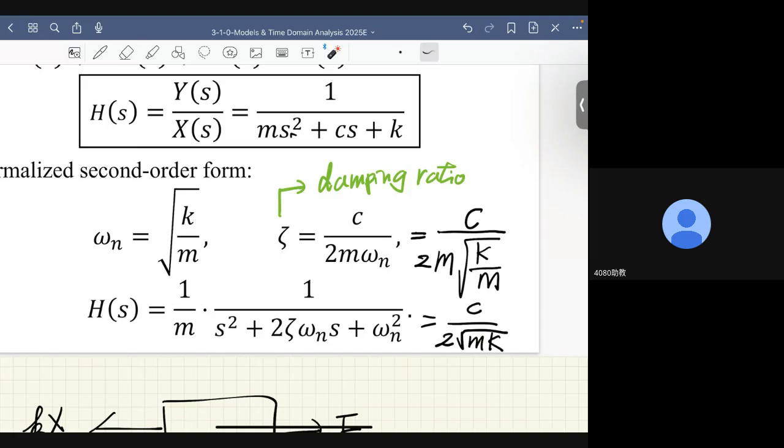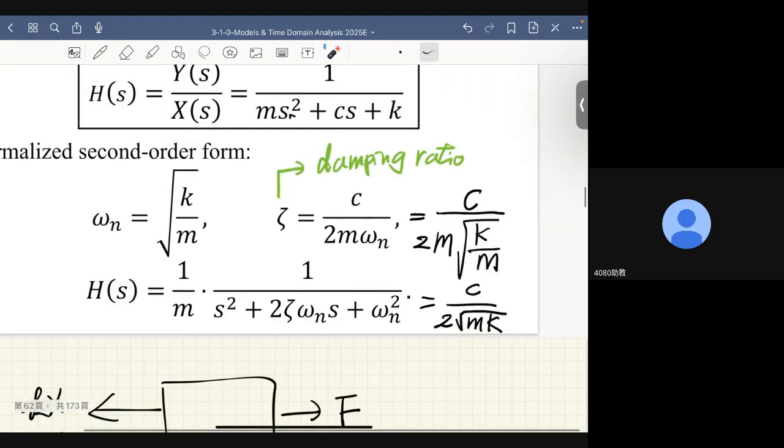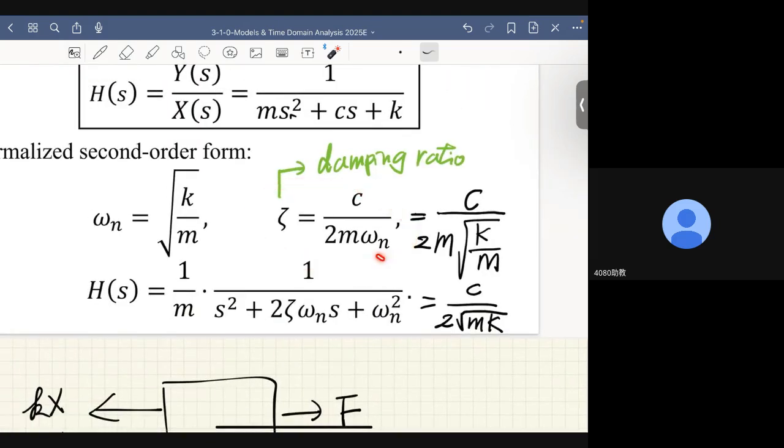The larger the inertial force and the larger the spring force are, the impact of the damping force becomes less and less meaningful, okay? All right, so that is why this definition of damping ratio makes sense, okay?